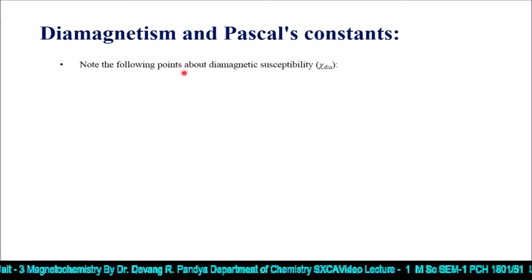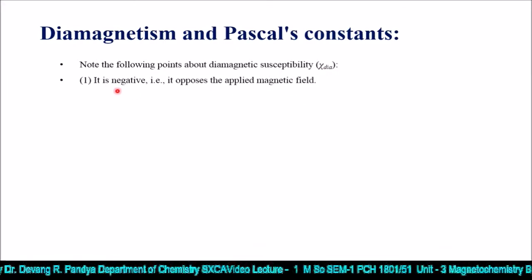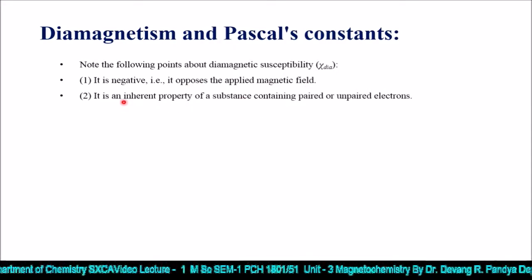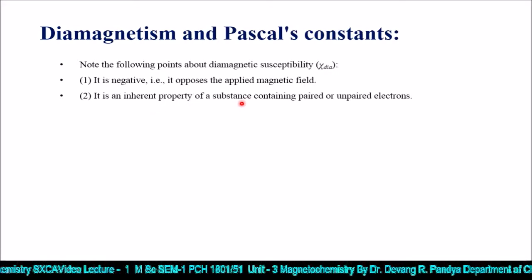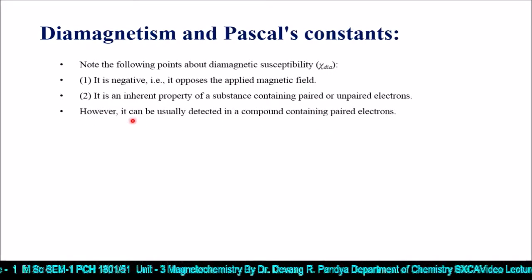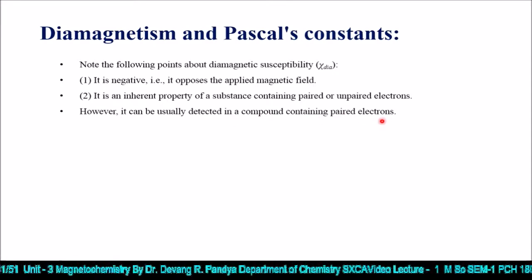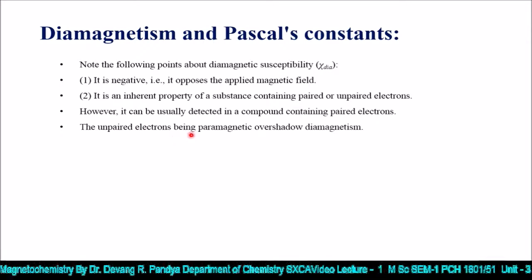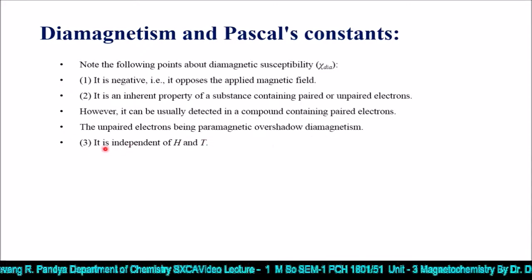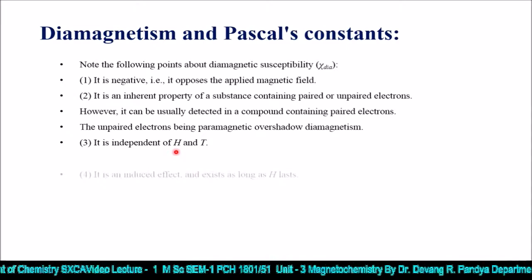Note the following points about the diamagnetic susceptibility, that is χ_dia. It is negative. It opposes the applied magnetic field. It is an inherent property of a substance containing paired or unpaired electrons. However, it can usually be detected in a compound containing paired electrons. The unpaired electron being paramagnetic overshadows diamagnetism. Third point, it is independent of both applied field and temperature.